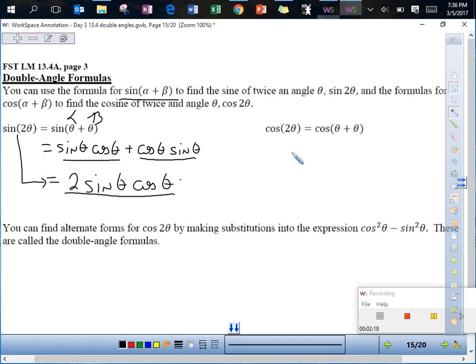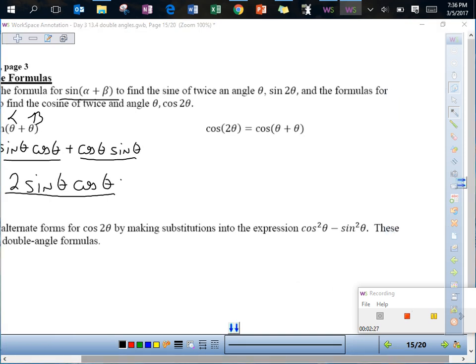Let me show you where the main formula comes from. I'm going to think of cosine of 2 theta as cosine of theta plus theta. I'm going to apply, this becomes your alpha, this becomes your beta. So once I apply this, I'm going to get cosine theta times cosine theta minus sine theta times sine theta, sorry about that.